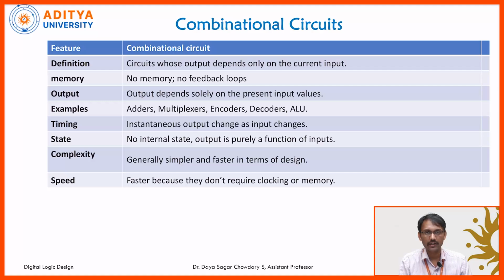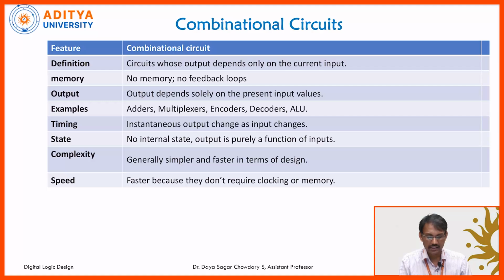It also depends only on the present input. Timing: the output changes instantaneously as the input changes. Whatever input we change, we get the changed output only. State: there is no internal state, and the output is purely a function of the inputs.